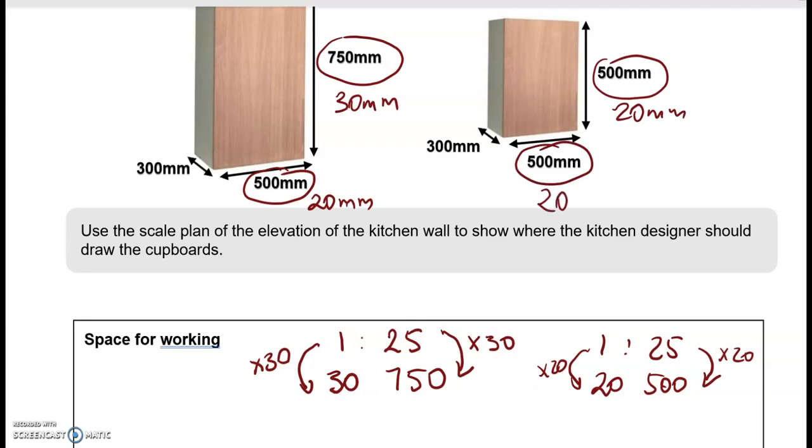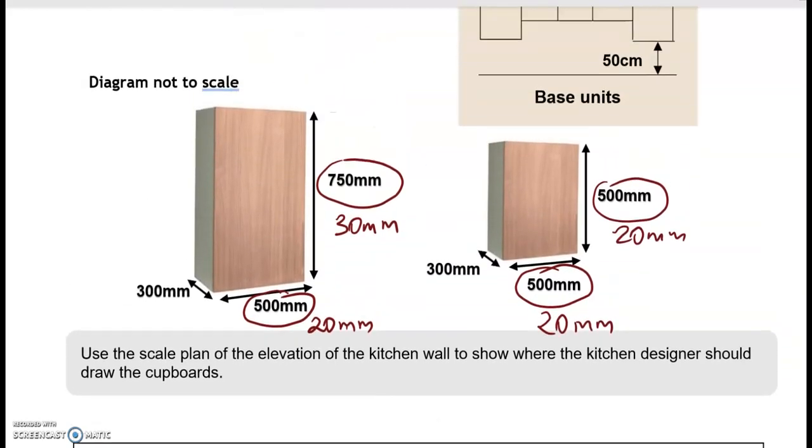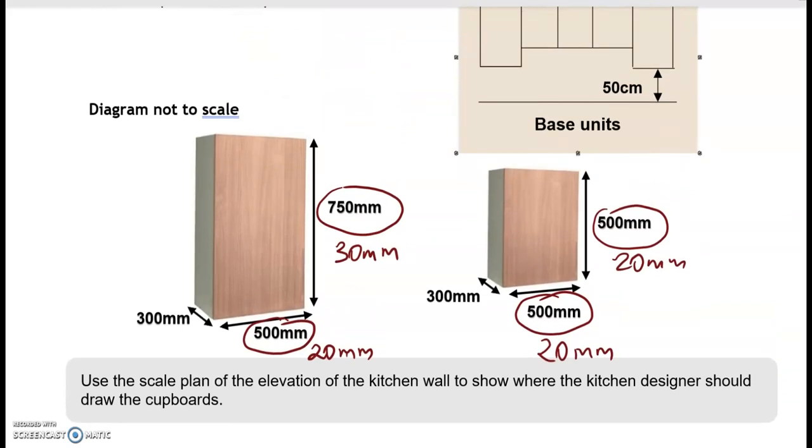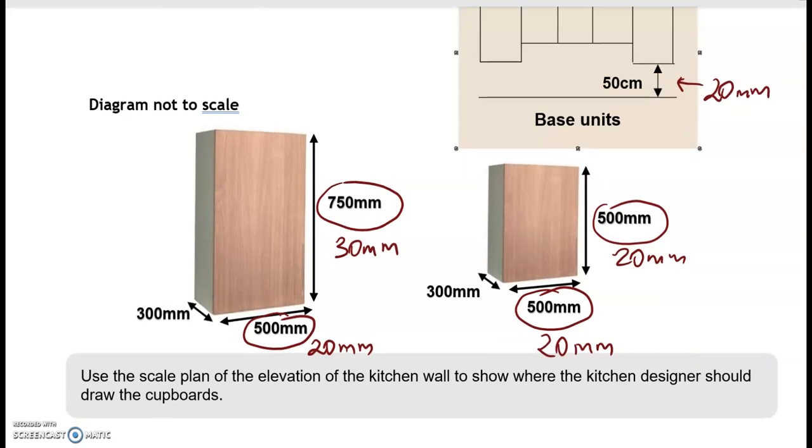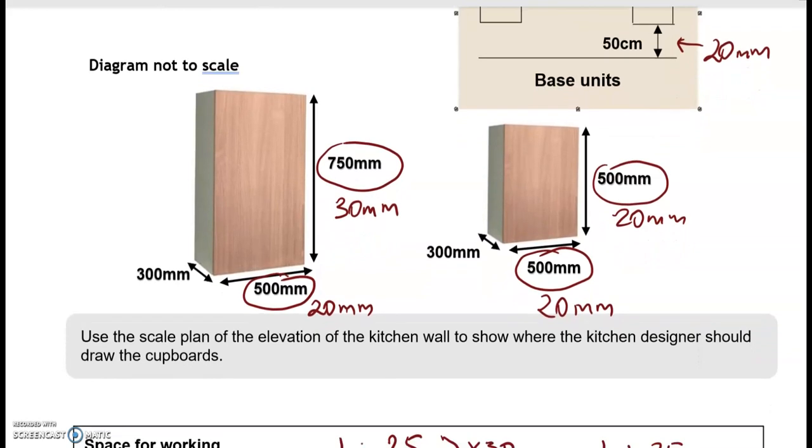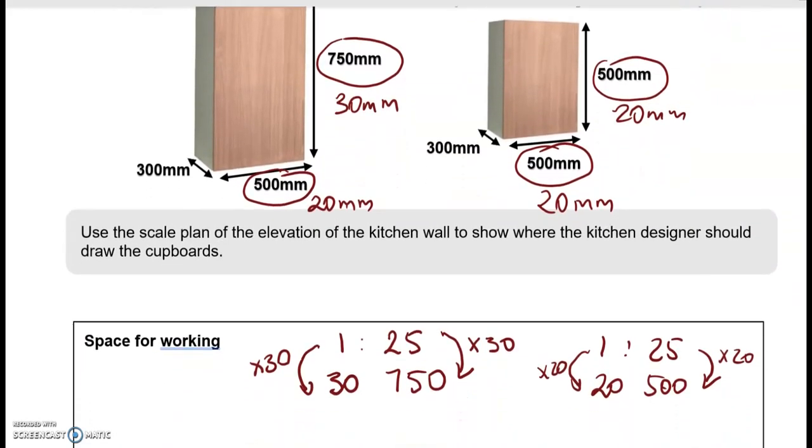This will be 20 millimeters in the plan. We also have the gap to consider, which is 50 centimeters, but that is also the same as 500 millimeters. So this here in the plan will be equal to 20 millimeters, which is 2 centimeters divided by 10.